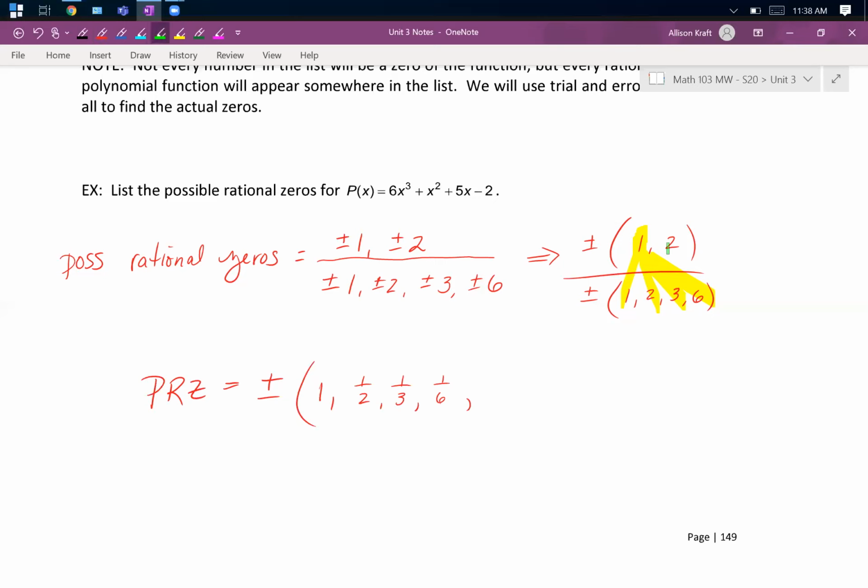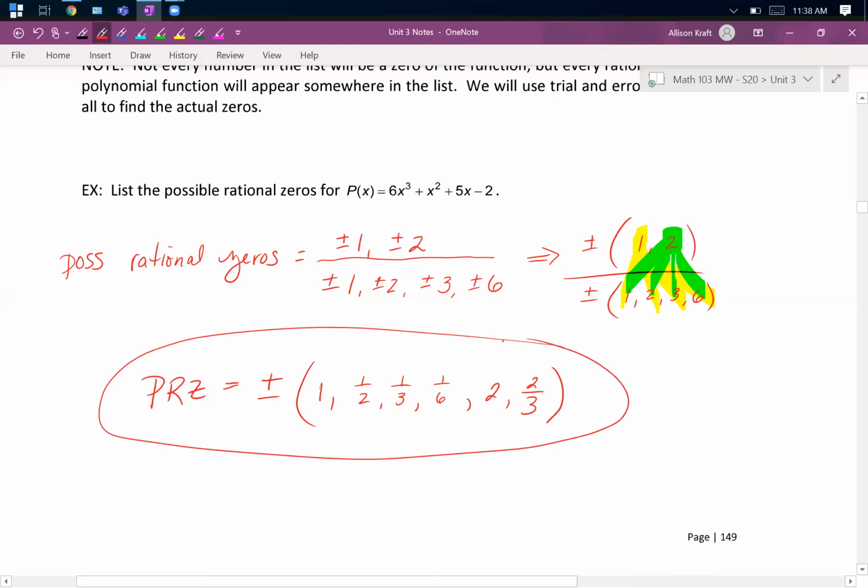So I'll take the 2 with each number in the denominator. 2 over 1 is 2. 2 over 2 is 1, which is already on my list, so I don't need to repeat it. 2 over 3 is 2/3, and then 2 over 6 is 1/3, already on my list, so I don't need to repeat it. This is our list of possible rational zeros.